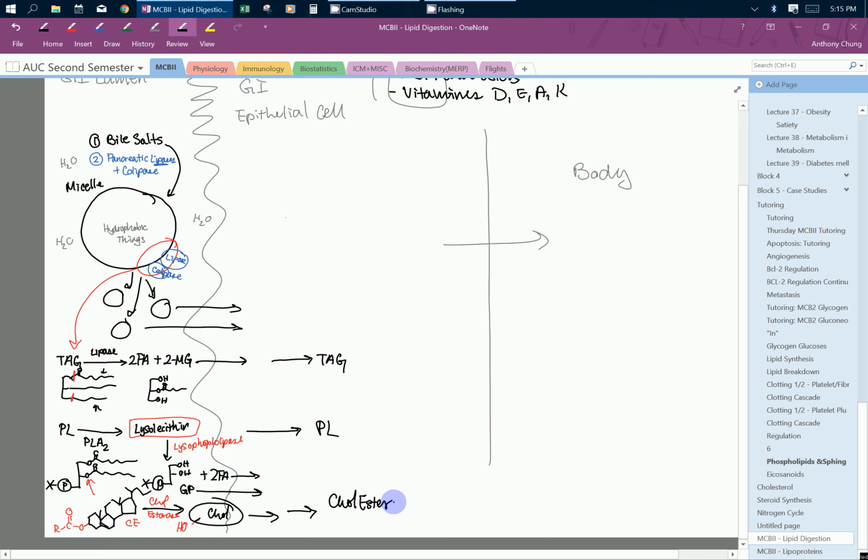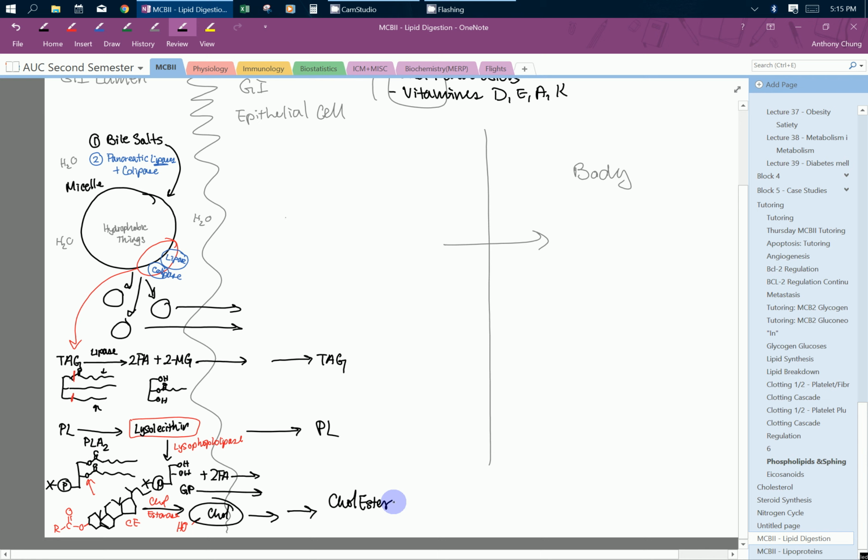They only cleave off 2 of them, and then they leave the other one on, and then that gets transported into the epithelial cell and forms back into a triglyceride. Not quite sure why that's the case, but it only cleaves off 2 of the chains, not all 3. Because I think in physio last semester it was all 3 or something like that, right? I think it's 2 chains. They weren't very specific in physio class about exactly which ones were cleaved.